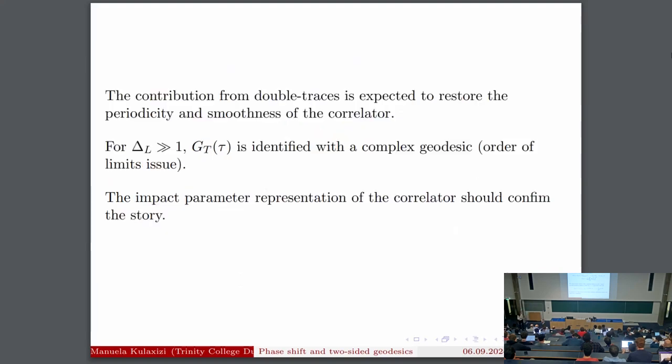So what I would like to advocate here is that perhaps this bulk phase shift, this impact parameter integration of this correlation function, will be the right playground in which to investigate the behavior of the stress tensor sector, and also perhaps help us understand or redefine our understanding of inelastic scattering, with what I said. So thank you very much.